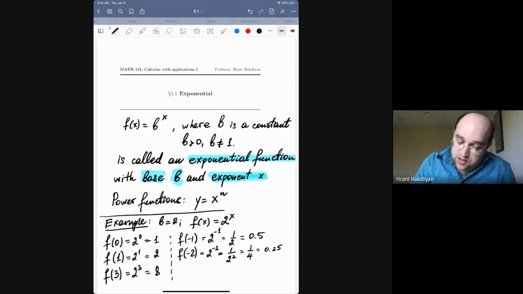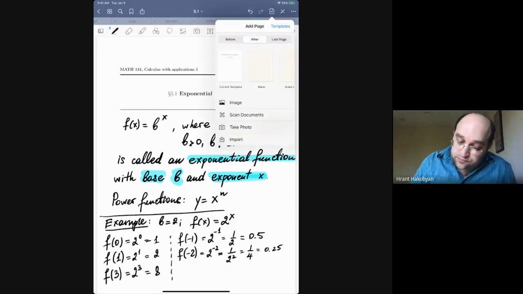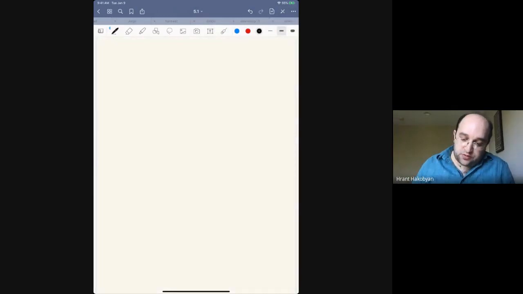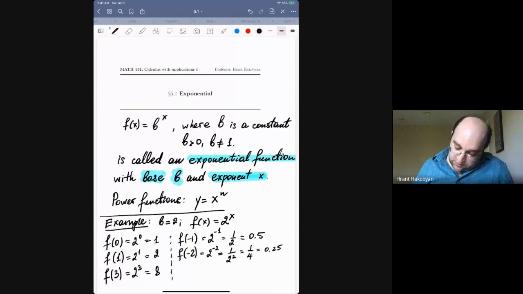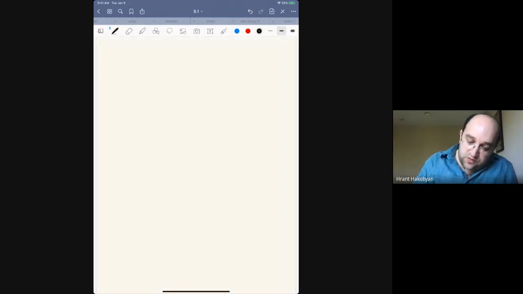Those are some examples. In this case, I can try to plot some of these numbers. At 0 I have 1, at 1 I have 2, at negative 1 I have 0.5. If I were to plot this function, I would get something which looks like this.